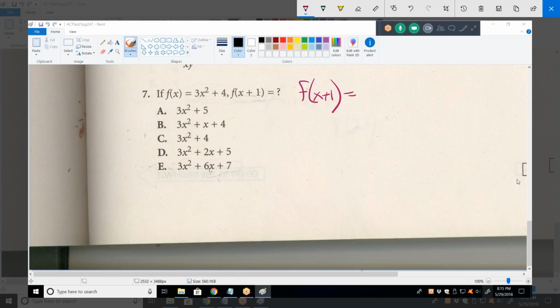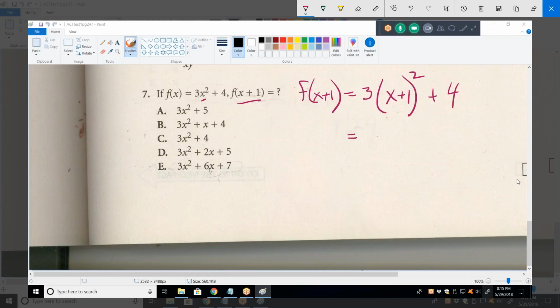Okay, would it just be 3, and then you plug in that squared plus 4? That's what you do, is wherever you see x, you plug in what's in this parentheses. No matter what it is, you plug it in whenever you see x. Okay? Now what's the next step?